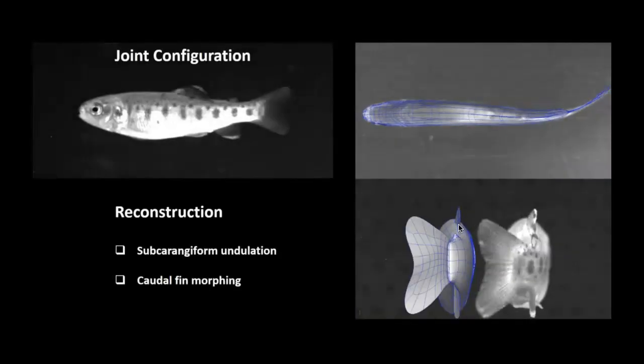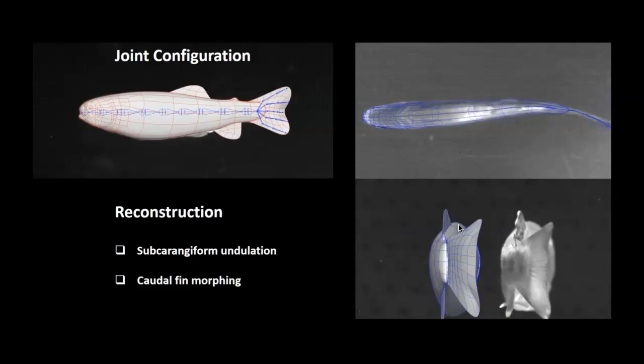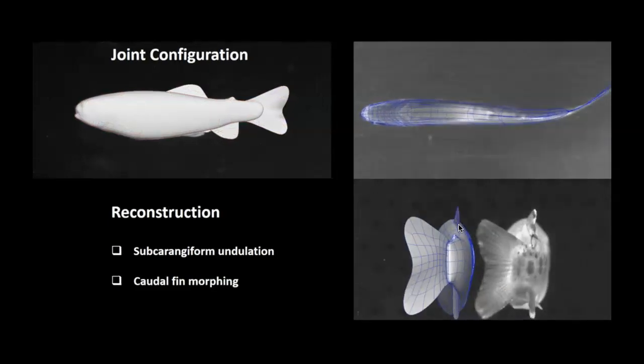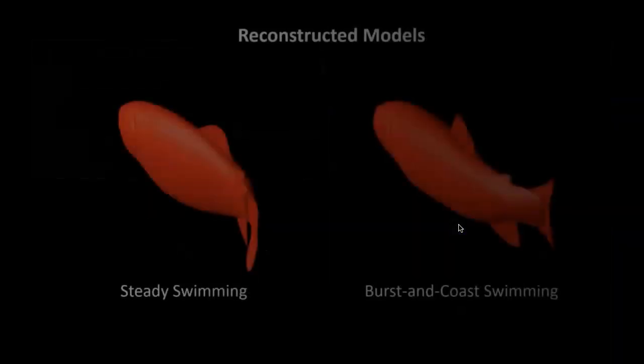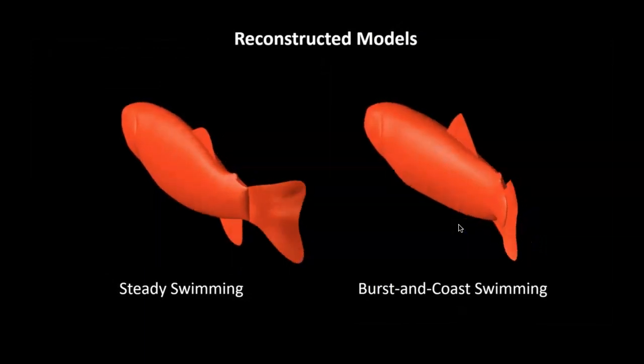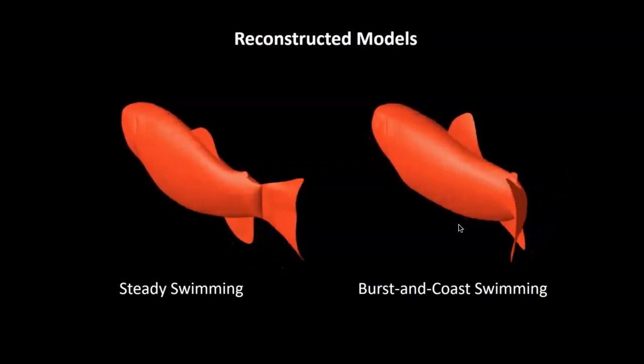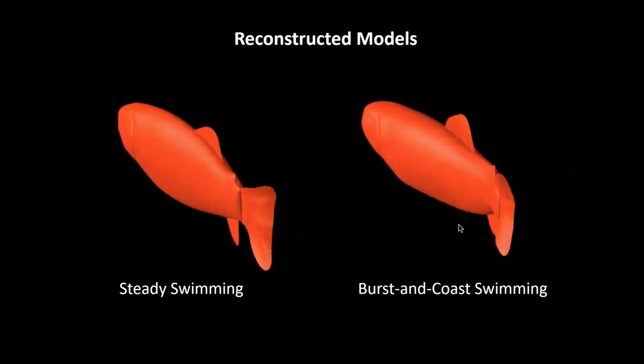So this is kind of cool. They looked at some 3D modeling and flow simulation. I'll just let you watch this. It's interesting to see how they looked at water movements, and you'll see again the difference between your steady swimmers and your burst and coast swimmers.